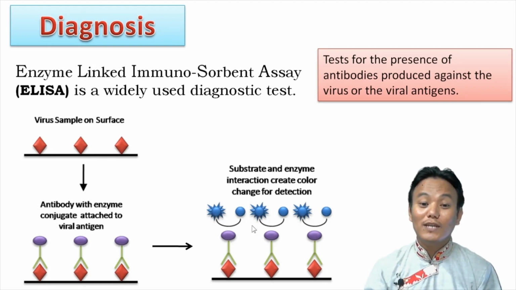So the color reaction shows that there is a virus on the surface. Therefore the antibody is attached to the virus, and the enzyme linked to the antibody has shown that reaction. Therefore it proves that the virus is present within the sample.